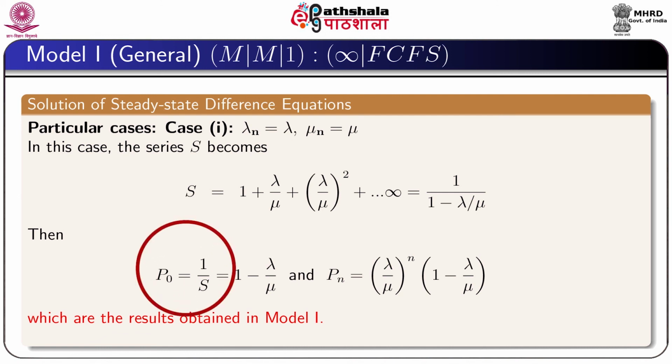Then we have p 0 equal to 1 by S, which is equal to 1 minus lambda by mu, and also we get p n is equal to lambda by mu whole to the power n into 1 minus lambda by mu, which are the results already obtained in model 1.